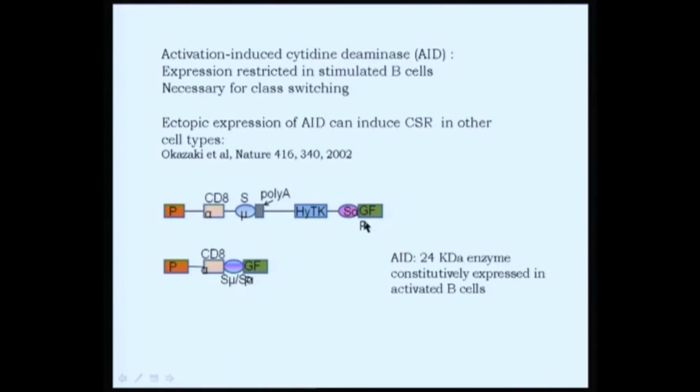So, when this was transfected in the fibroblasts along with this stably transfected construct, the cells started to fluoresce green. How did this happen?